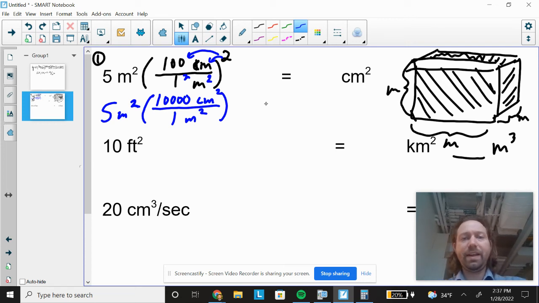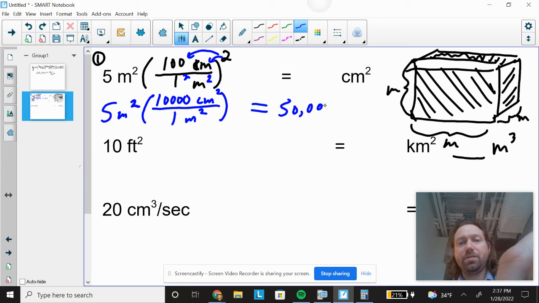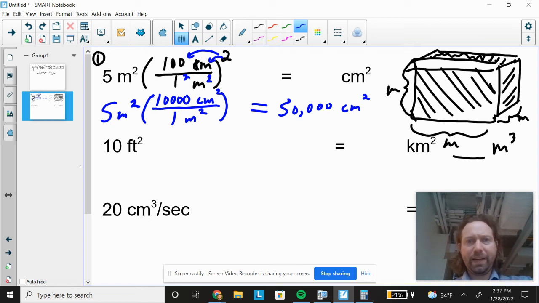And so my answer is, if I have 5 square meters, then I would have 50,000 square centimeters. Okay? Let's go on to the next one. Using what we just learned, how we have to square things if we have units that are squared, let's move on to the next one.